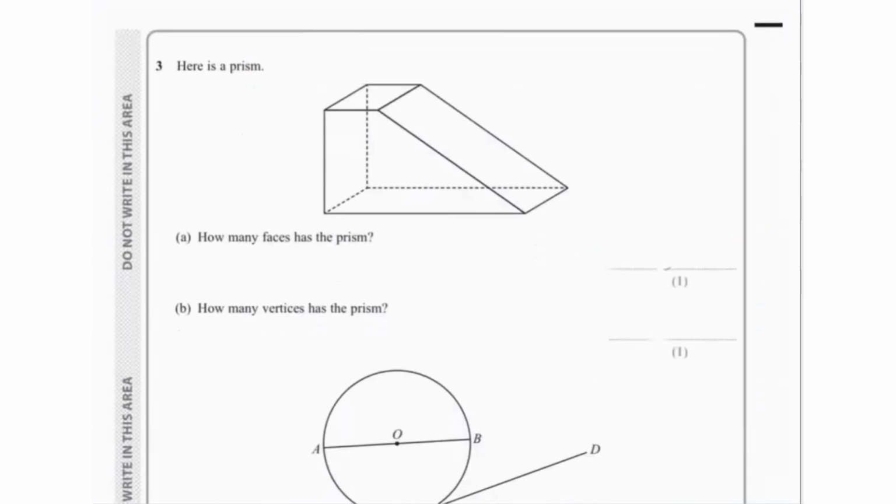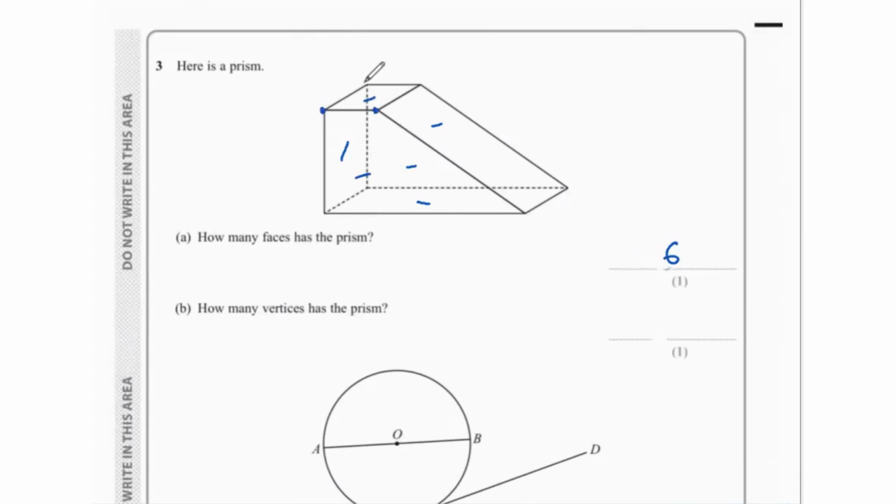Then here's a prism. How many faces does the prism have? Faces are like the surfaces that we see basically. So that's 1, 2, 3, 4, 5, and 6. The shape has 6 faces. Then how many vertices does it have? Vertices are these corner points.